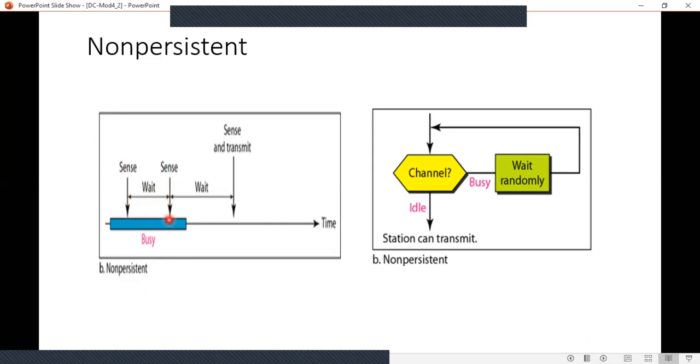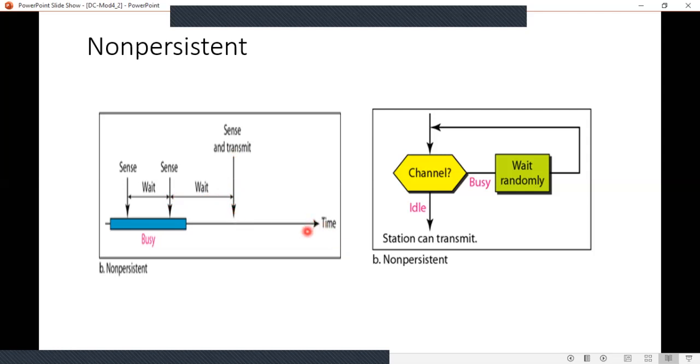Again, if it is busy, it will wait for another random amount of time, and then sense the channel again. And if it is idle, that is the channel does not have any carriers, and it is free, then it will transmit at this point of time.